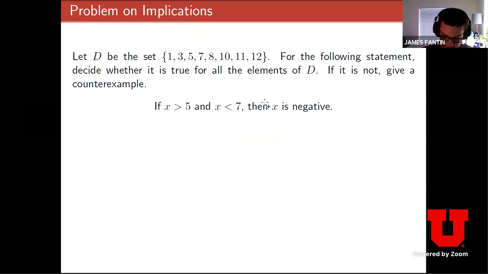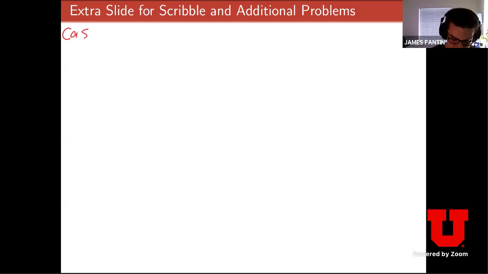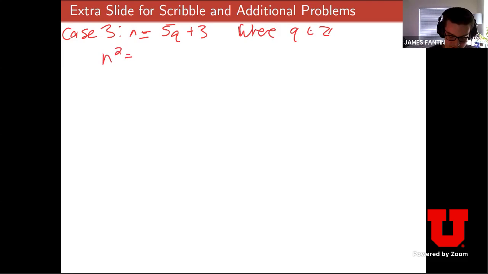Let me get another blank slide here. So case 3, we have remainder 3. So n is equal to 5q plus 3, where q is an integer. And then we just do the square of n again. So that's 5q plus 3 squared.